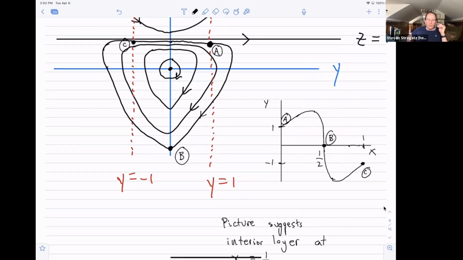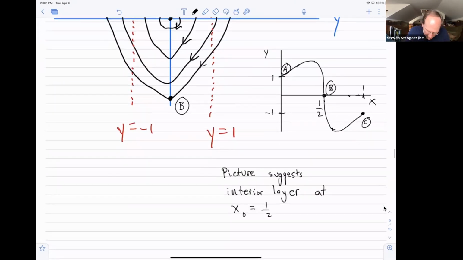So it suggests an interior layer at B near a half. So if you're with me, I want to now revert to standard boundary layer thinking and just construct a solution of this type. But then I want to tell you some surprises after that.